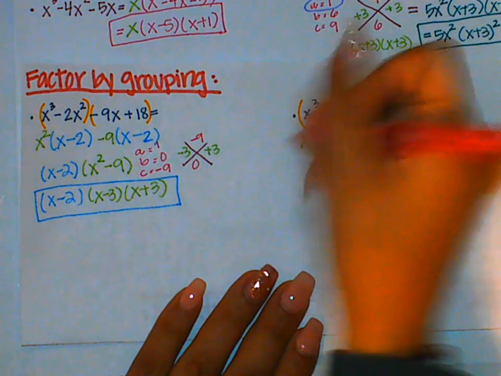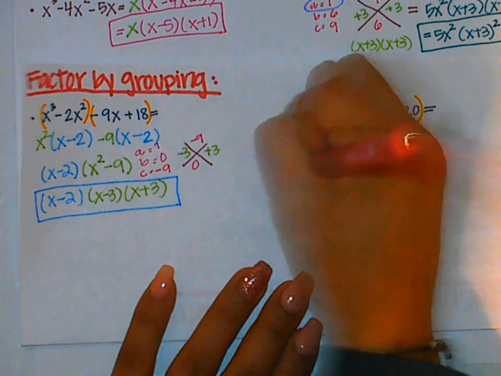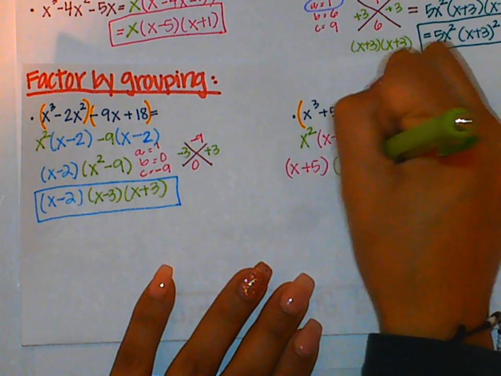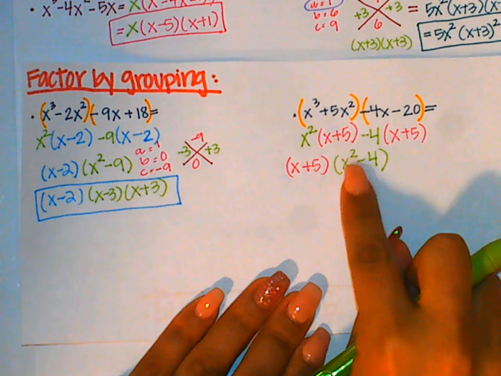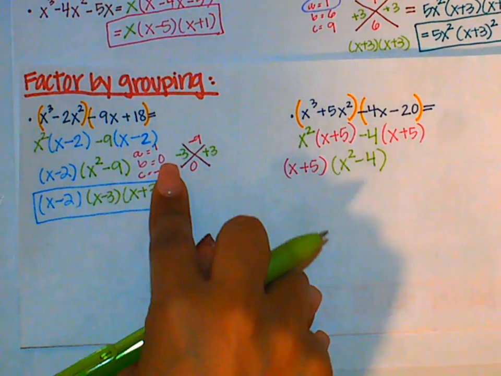I drop what they have in common, which is the x plus 5. And I combine what is left over, which in this case is x squared minus 4. So it might look like we're done, but I still have a quadratic that I need to check whether or not I can simplify, doing this here.